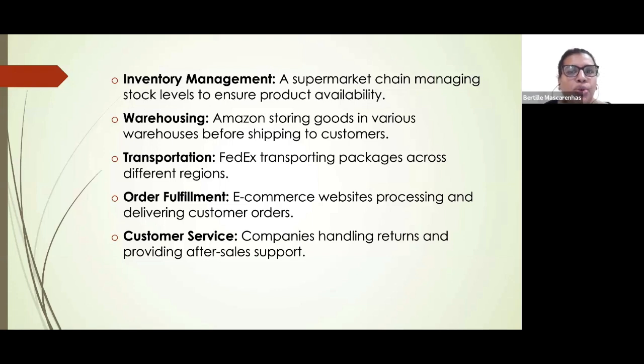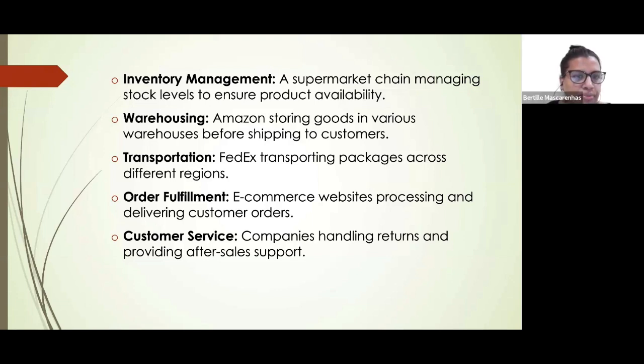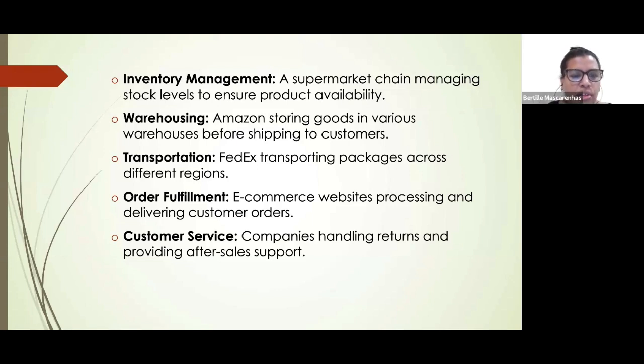Example, Amazon storing goods in various warehouses before shipping to customers. Transportation, FedEx or DTDC, or Happy Bees or something like that also is there. Delivery, transporting packages across different regions. Then order fulfillment is e-commerce websites processing and delivering customer orders. And last, customer service. That is the companies that handle the returning of the goods and providing after-sales support.